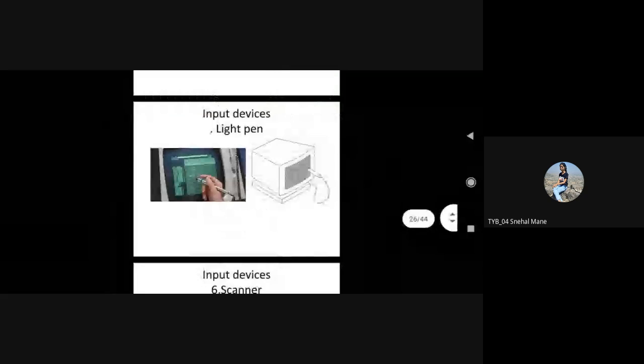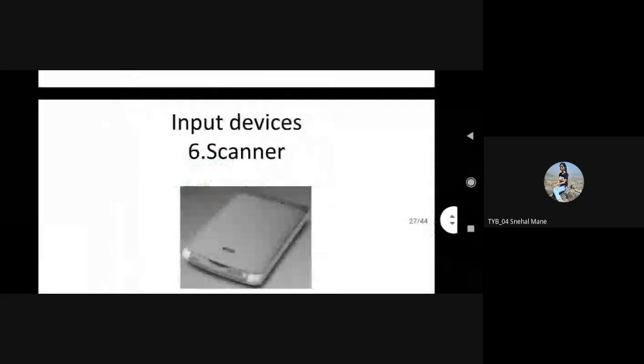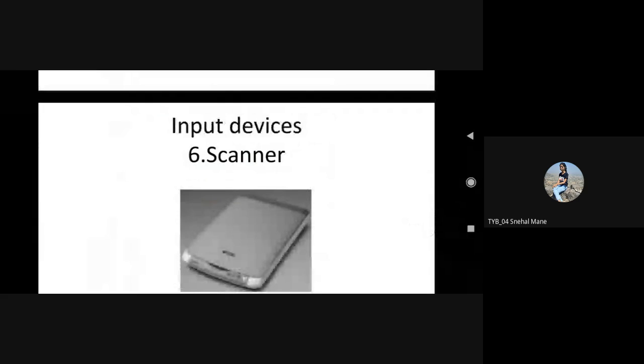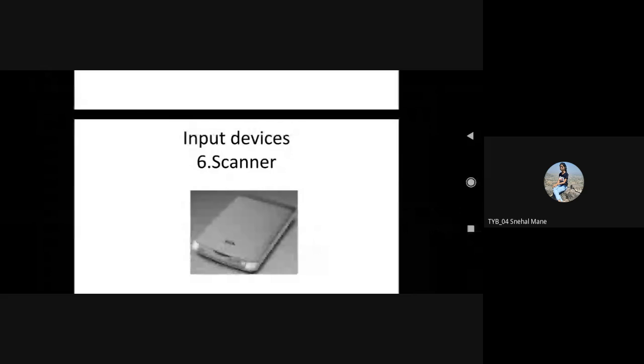The scanner is also an input device. A number of MCQs will be asked on such chapters or points, in examinations and in competitive examinations also.